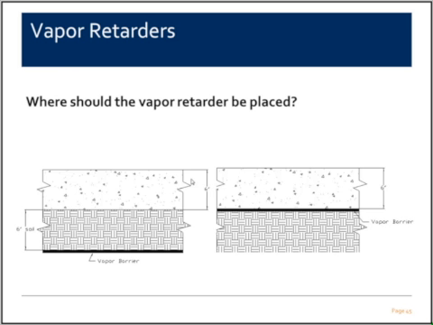I shy away from that term because barrier implies that no moisture is moving through that plastic sheeting, which is not true. Any vapor retarder that we use has some amount of moisture moving through. But the two scenarios that we commonly contemplate are placing the vapor retarder right below the slab, or placing the vapor retarder below 6 inches of soil.